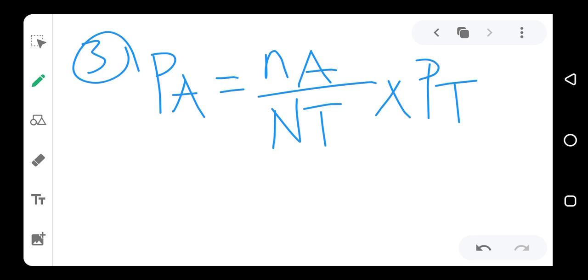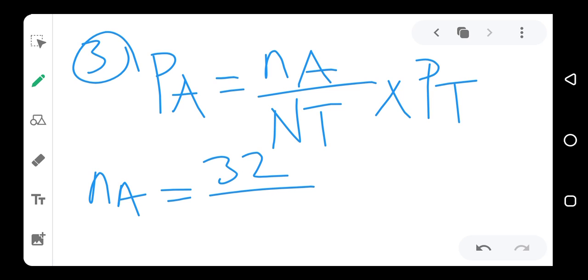Now, our number of moles for gas A, Na, number of moles is mass over molar mass of any substance. So for gas A, we are given the mass as 32 and the molar mass of gas A is 93.